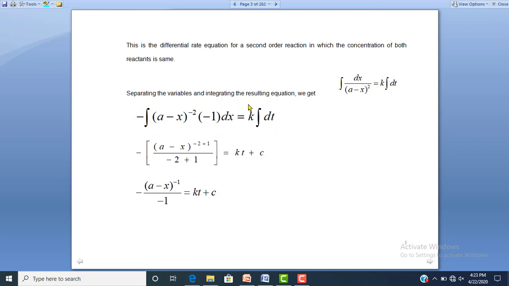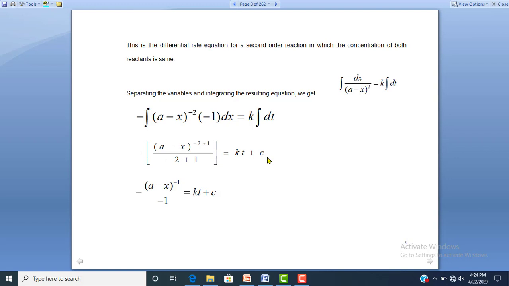When we integrate the left hand side of this equation according to integration rules, by applying the power rule, this part of the equation will be minus into square bracket (a minus x) raised to power minus 2 plus 1 divided by minus 2 plus 1, is equal to kt plus c, and c is the integration constant.